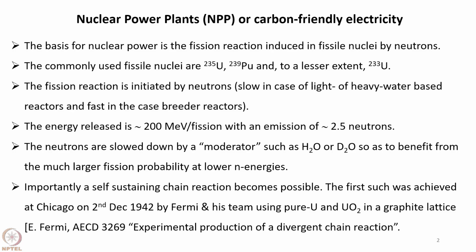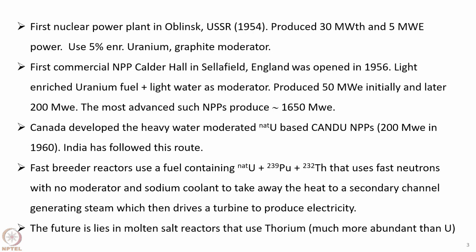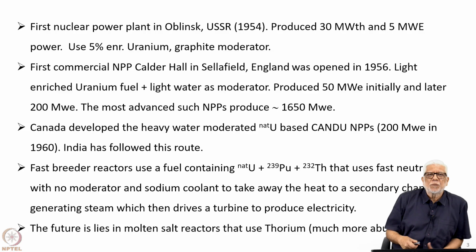The first self-sustaining reaction was achieved by Enrico Fermi in 1942 in a graphite moderated reactor in Chicago. This is a reference which is given there, and the first nuclear power plant was in the then USSR in 1954.